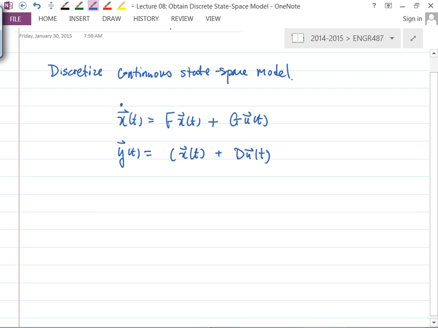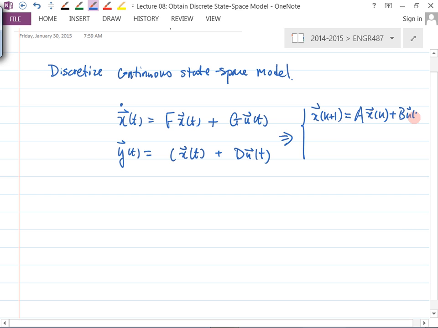That's a continuous state space model, and the objective is to go from here and obtain x of k plus 1 equal to a x of k plus b u of k, and then y of k.